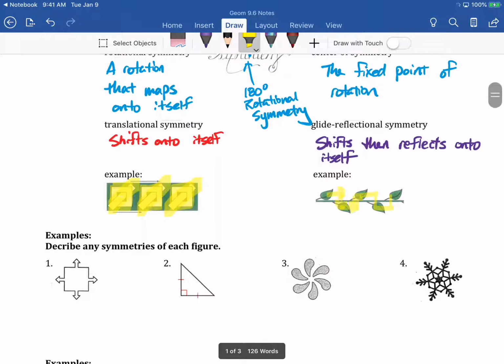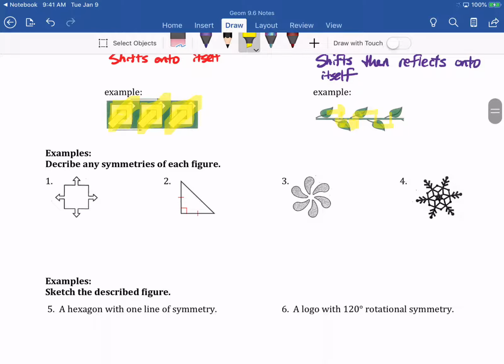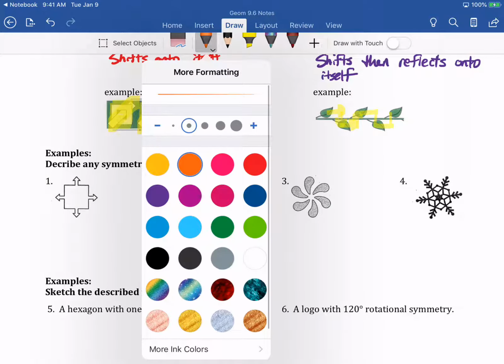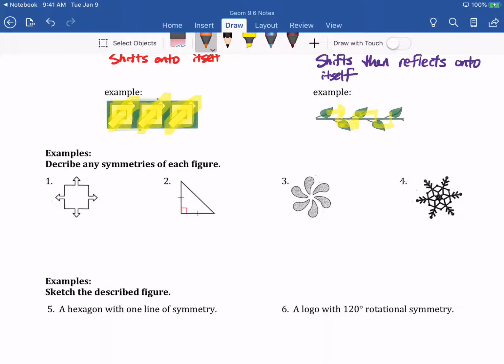Alright, let's look at a few more examples. So now we're going to talk about these with some specific examples. If we look at example 1, we're trying to figure out what kind of symmetries this has. A lot of times figures have more than one. The first thing I notice is that if I draw a line right down the middle, it would be the same on the left and the right.